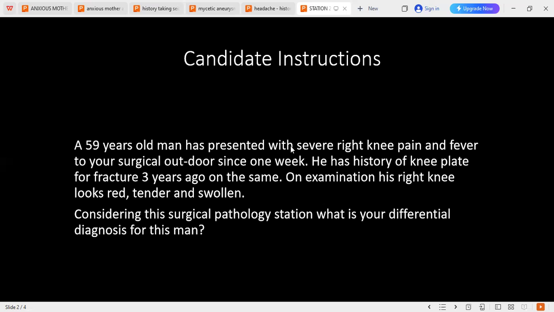Then I'll give supportive treatment with painkillers, correction of dehydration, and splinting of the affected area. If it is not improved, then I will advise removal of the implant and drainage of the pus. Why does the implant need to be removed? Yes, ma'am, it's a septic focus. It may cause biofilm, and it may cause loosening of the implant.